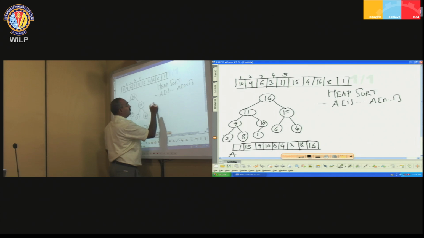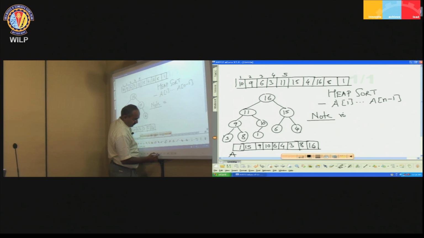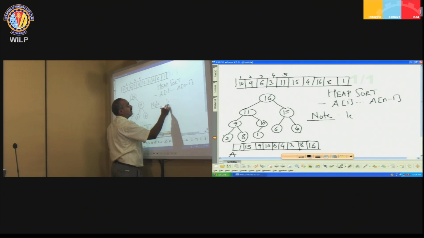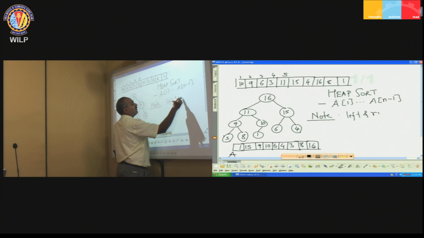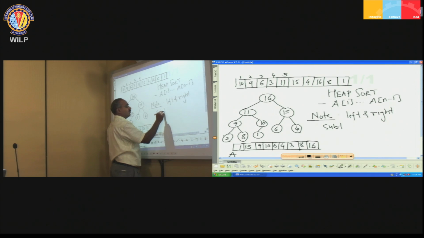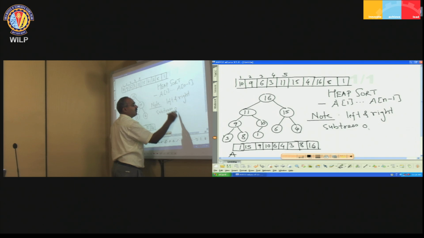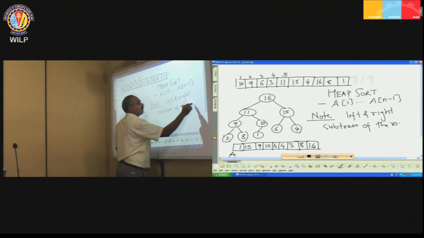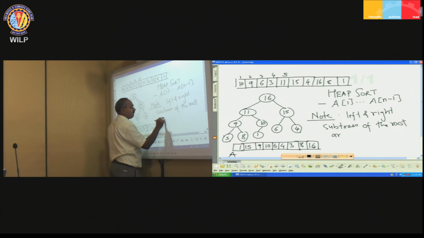It is easy to observe that the left and right subtrees of the root are heaps.